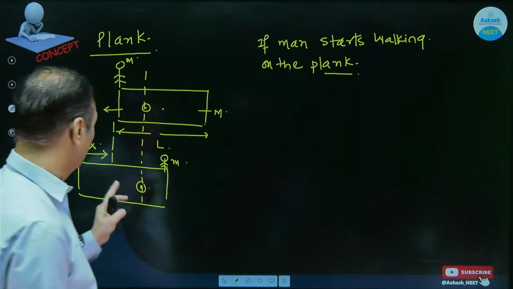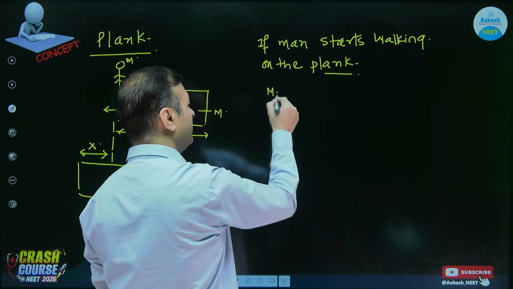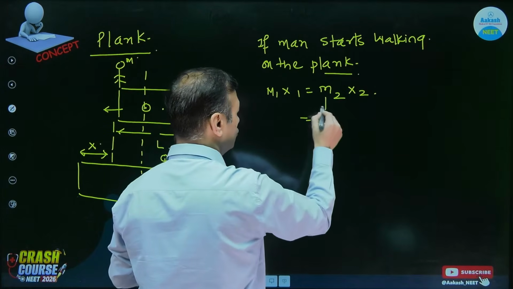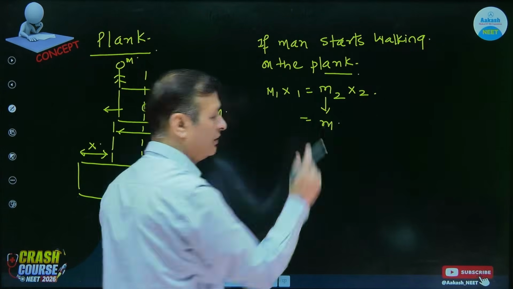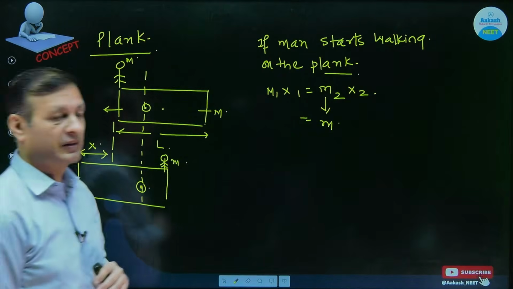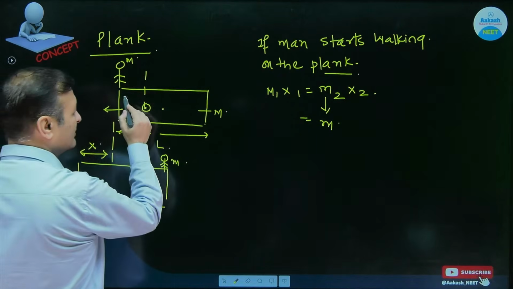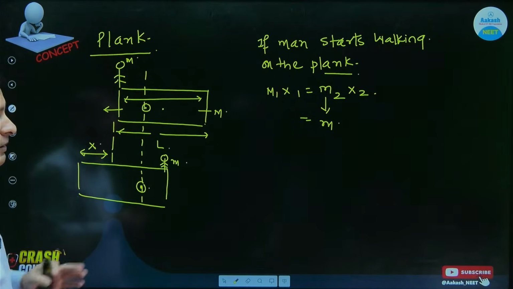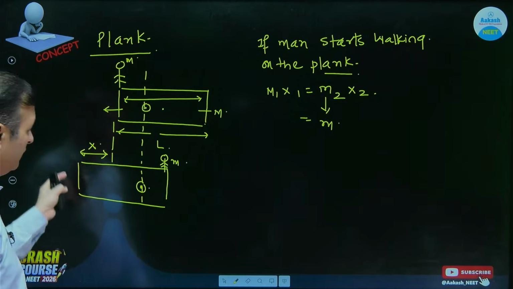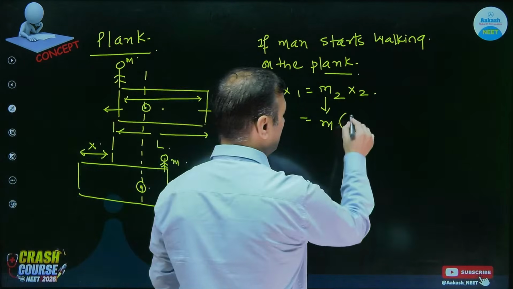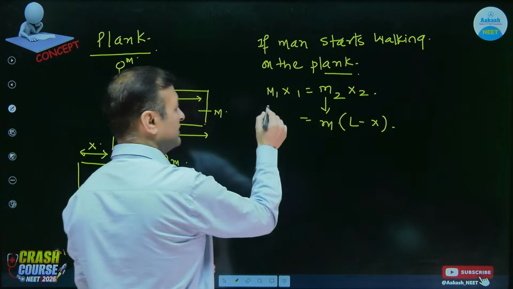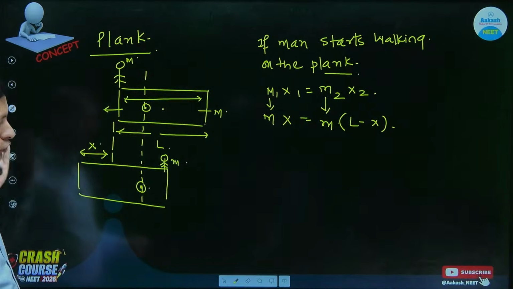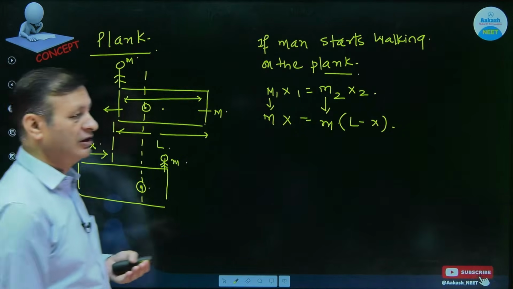Got it or not? So what is this x? Again we'll go by the same formula, m1 x1 is equal to m2 x2. So let's suppose this is the man of mass small m, with x2. Though the man has travelled length L of this plank, its displacement with respect to ground is L minus x, and this is the plank which gets moved opposite to this, by value x.